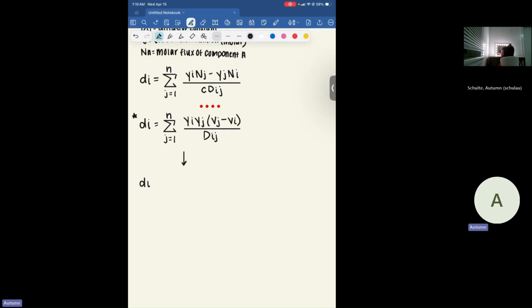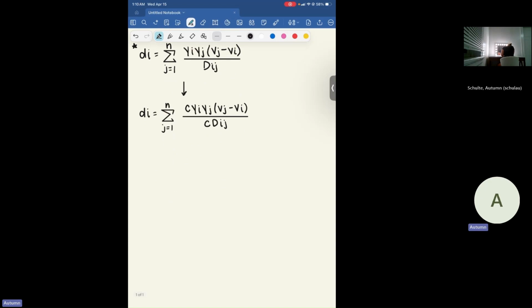So we're going to have the driving force of component I equal to our summation from J equals 1 to N of our overall concentration multiplied by the mole fraction of component I multiplied by the mole fraction of component J multiplied by the velocity of component J minus the velocity of component I, divided by the overall concentration C and the diffusive constant of I and J.